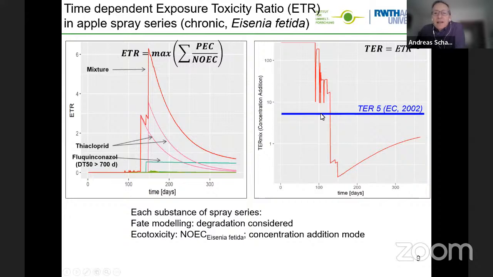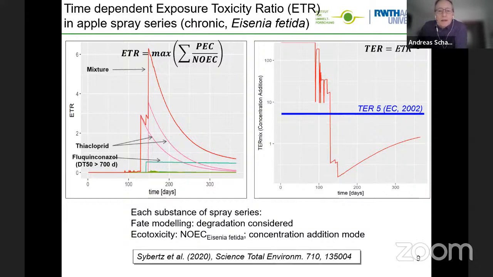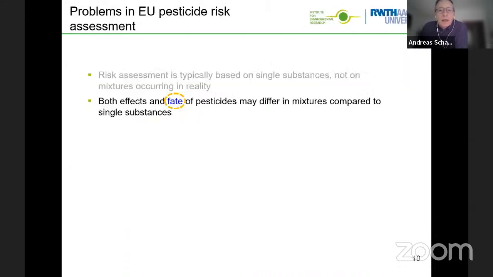And you see that this trigger value is surpassed in this mixture after about 120 days. So the organisms are at risk, and the recovery within the year is not given. So this mixture leads to toxic concentrations, to risk for these organisms. Yes, we have published this 2 years ago.